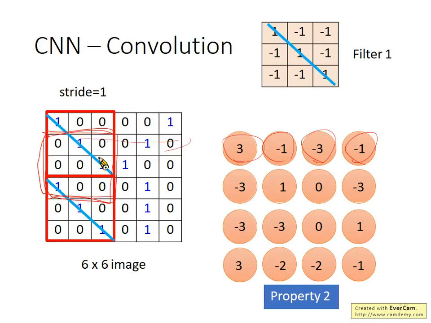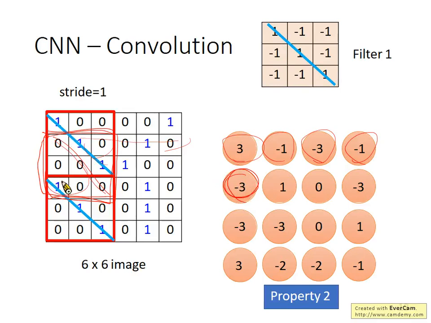In this case, we also get the result -3, because we multiply zeros by 1, and multiply these values off the diagonal by -1, and we get -3, and so on.